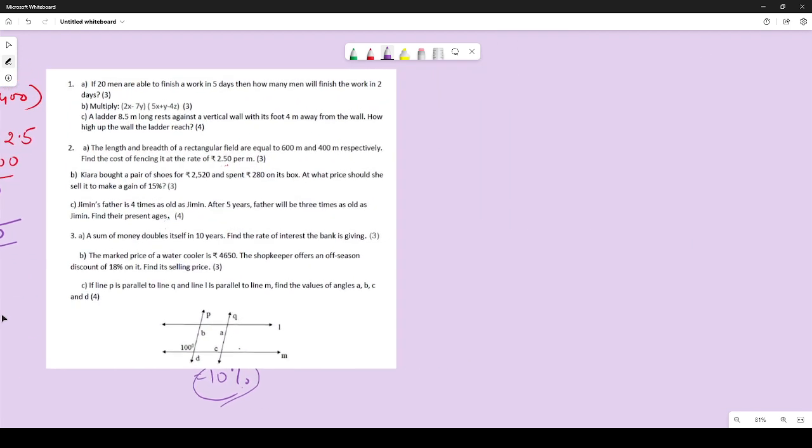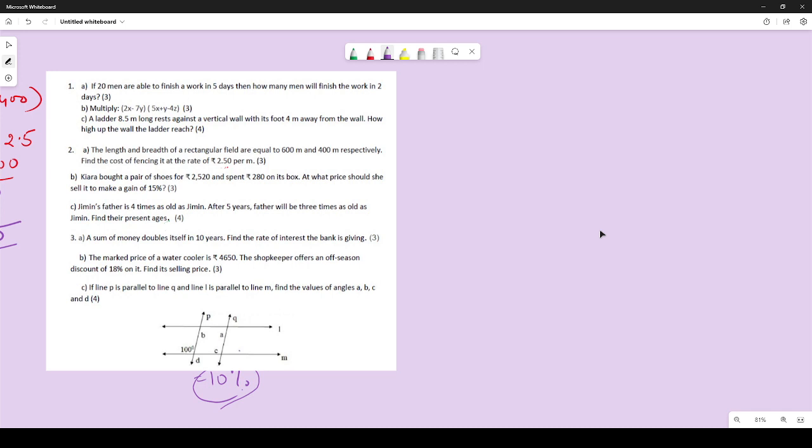The next question over here is, the marked price of a water cooler is rupees 4650. Shopkeeper offers an off-season discount of 18%.